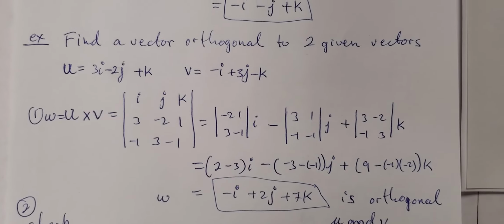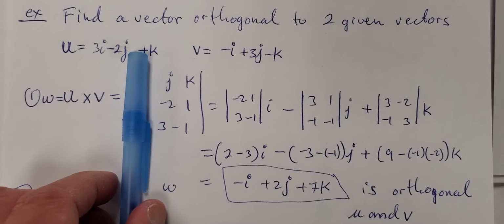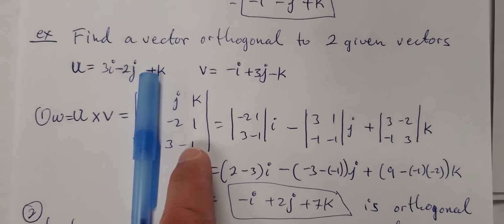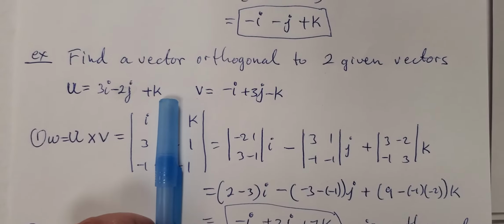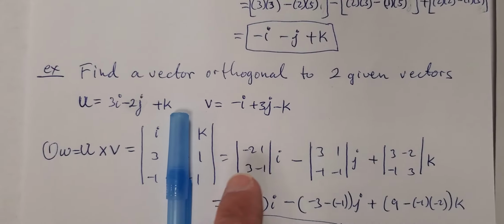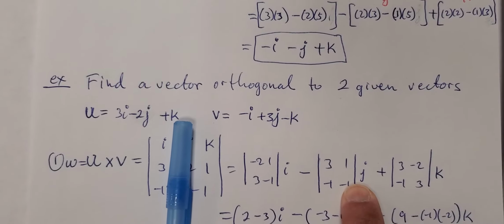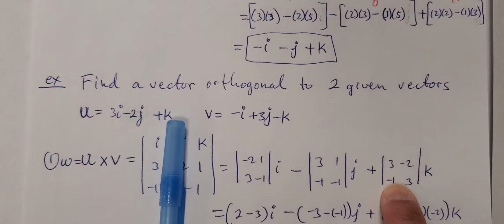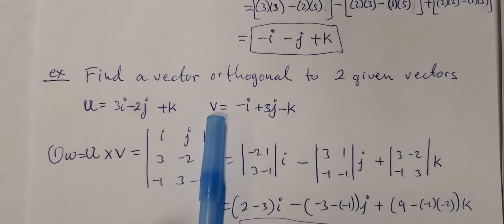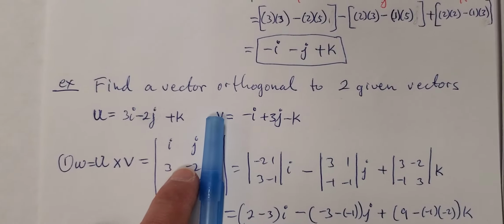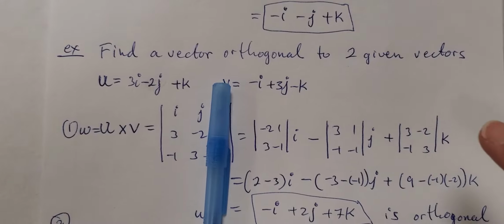Followed by minus, block out the j: 3, negative 1, 1, and there's a negative 1 here. Followed by plus, and this is k, so block out the k: 3, negative 2, negative 1, 3, which is over here.